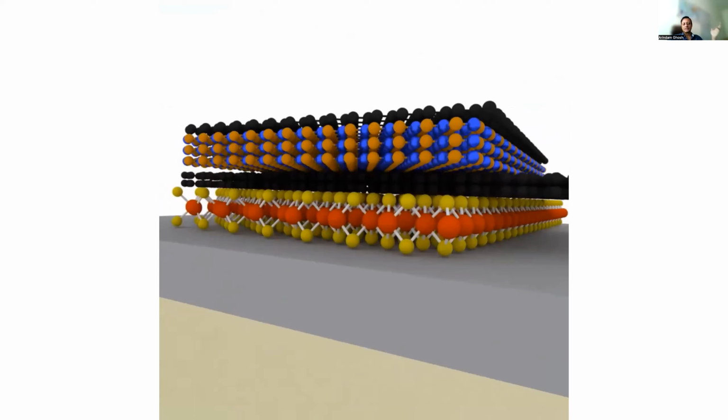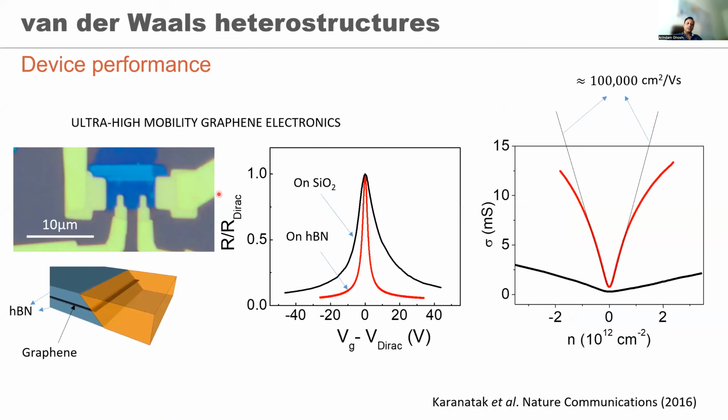There are at least, you can easily now make 5, 6, 7 junctions of layers in a van der Waals heterostructure. You know that one of the key reasons why van der Waals heterostructures were created was because if you put a layer of graphene between 2 layers of boron nitride, then you can increase the mobility of graphene very much.